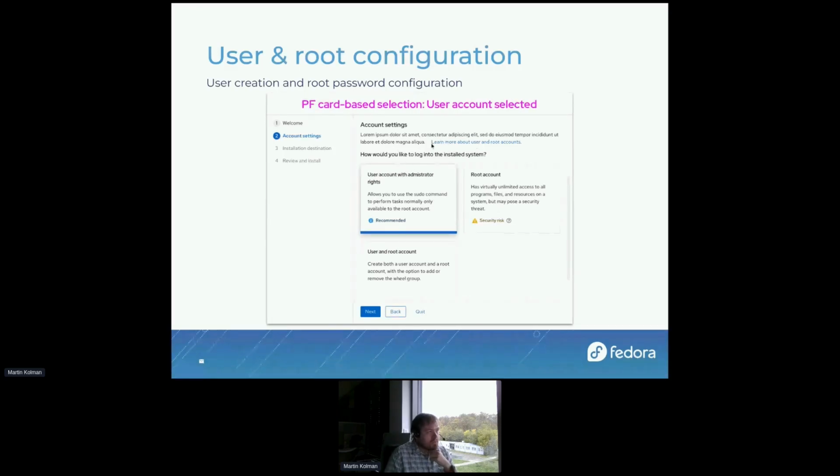So the idea is to have a, let's say, switcher screen where the user can select a card with the action they want to perform. For example, I just want the root account. I want both. I just want a user with administrator privileges, which is, as you can see, the default action, which also mirrors, for example, the Fedora Workstation case where during the normal workflow, you won't actually see the root configuration screen at all.